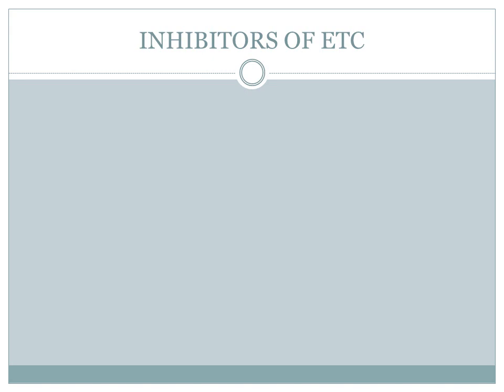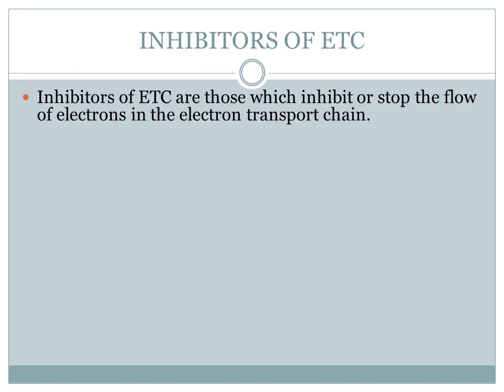So this is what we are going to see here. Inhibitors of ETC are those which inhibit or stop the flow of electrons in the electron transport chain. So what will happen if electrons are not flowing? Oxygen is not used, and there is no ATP production.